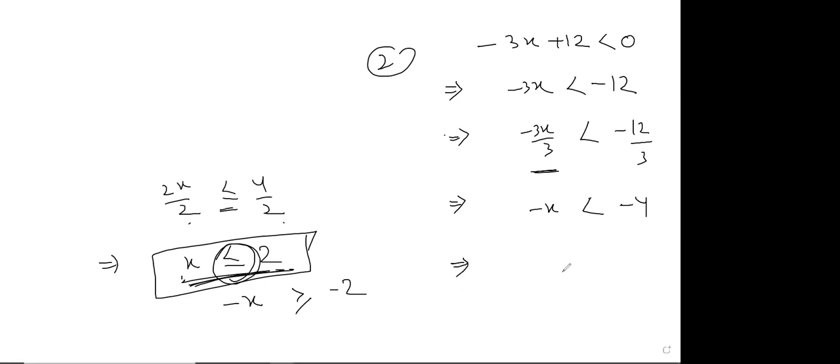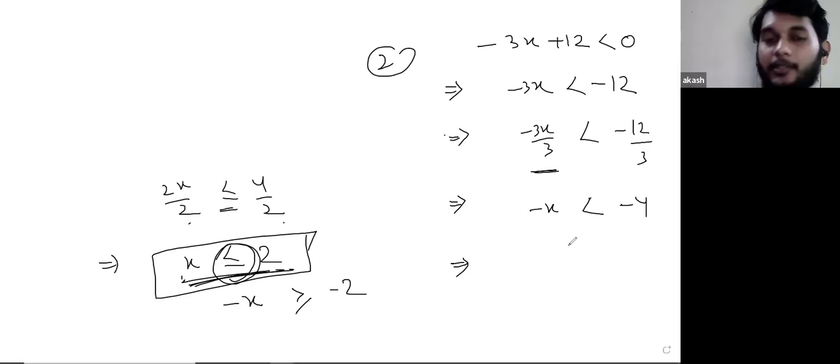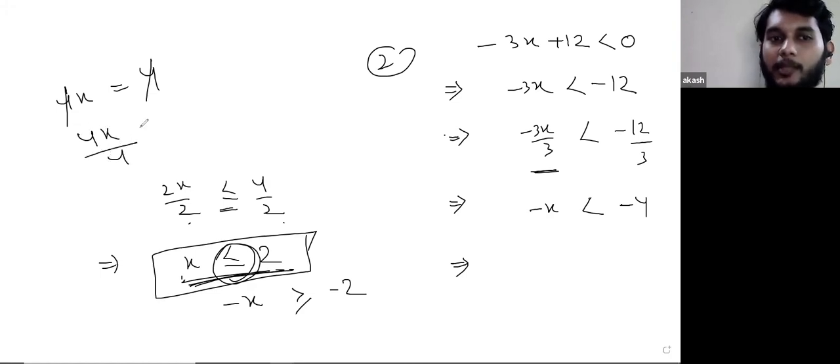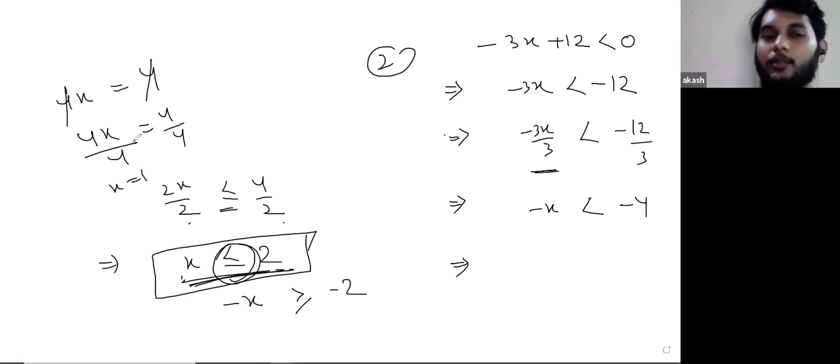Now next step would be x less than 4. The minus would get cancelled, right? See, in mathematics, nothing actually gets cancelled. I told you this. If you have 4x equals 4, we cancel this 4 and 4 out of habit, because we want to save a few steps. What is actually happening is 4x by 4 equals 4 by 4. So x equals 1. This is how things get cancelled.